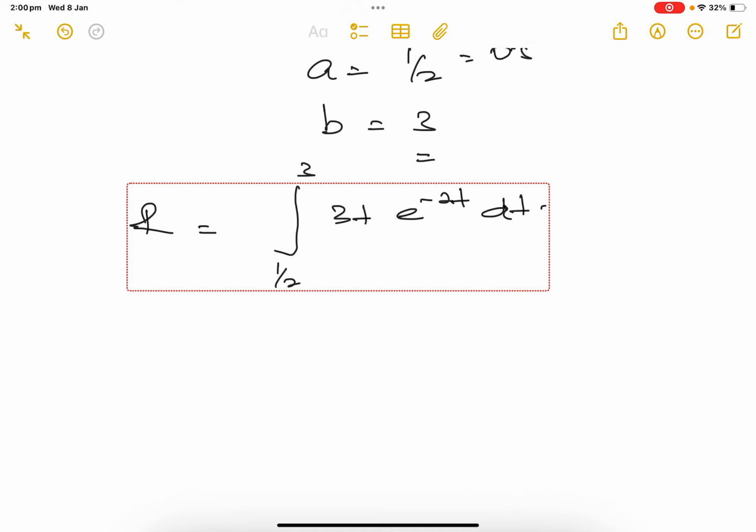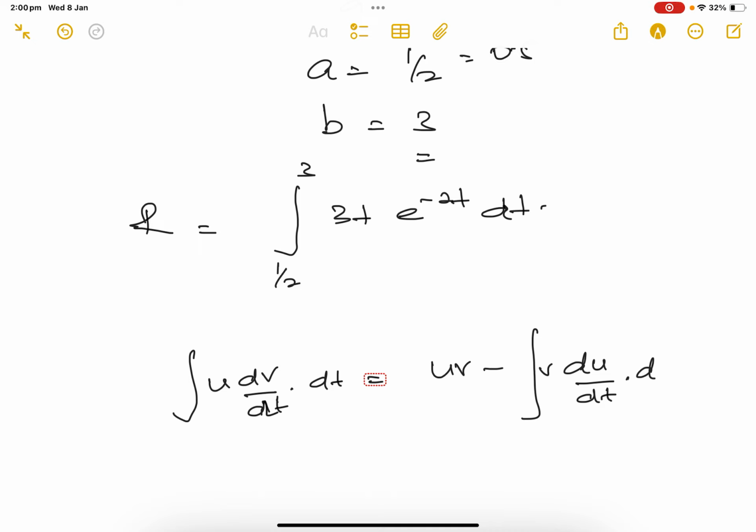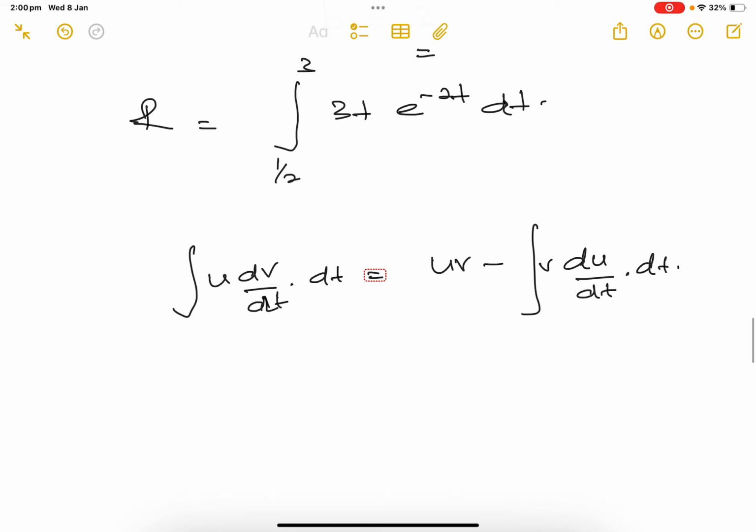The formula for UV form: the integral of u times dv over dt times dt equals uv minus the integral of v times du over dt times dt. So apply that. Before that, we need u, which is 3t, and dv over dt equals e to the minus 2t.